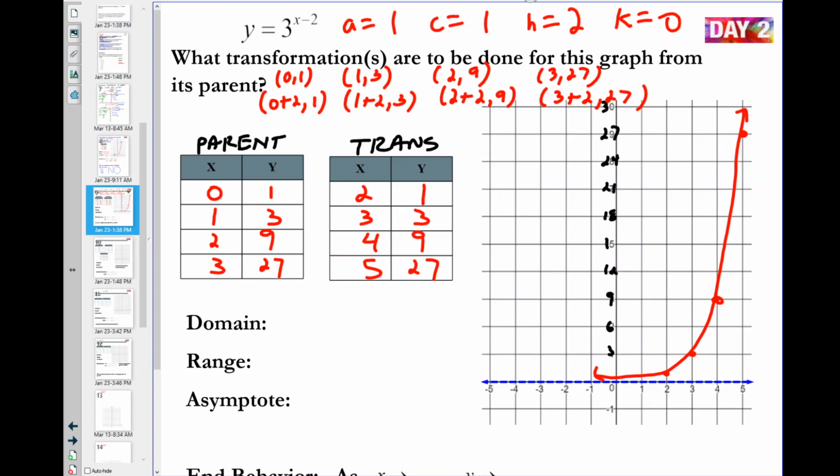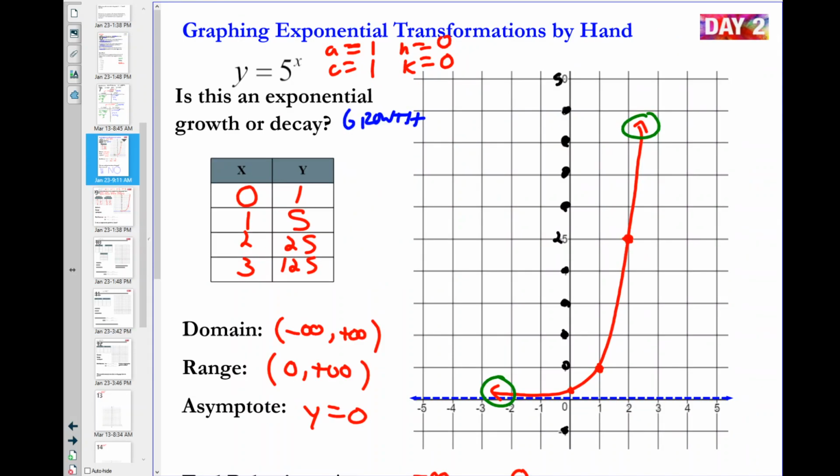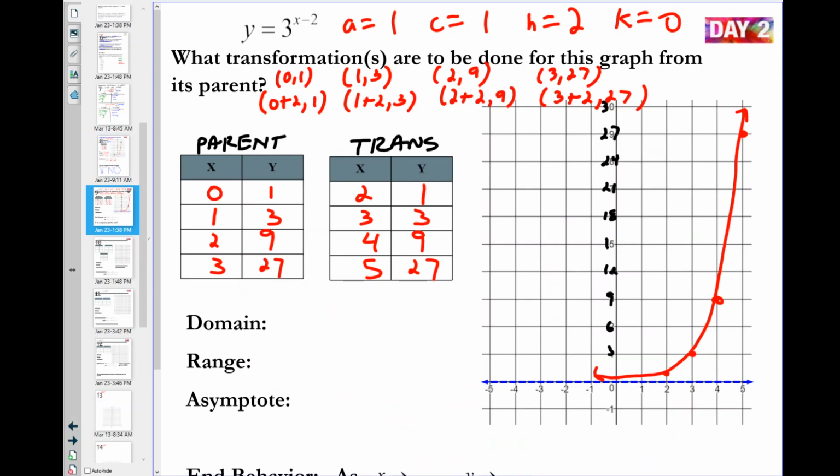There's your growth. Notice how the basic shape of the growth, even though we had different bases, looks the same. On the one we just did before, we had a base of 5. Here we have a base of 3, but they look roughly the same. The only way to really tell the difference is to look at the actual points themselves, but they both look like a growth.